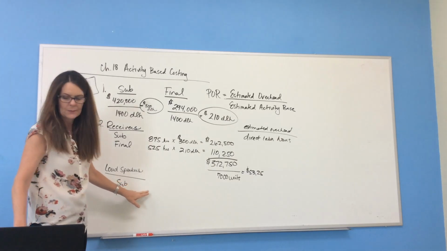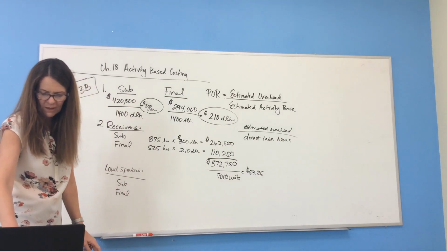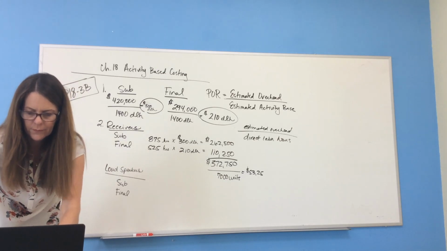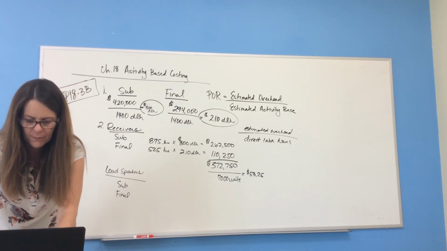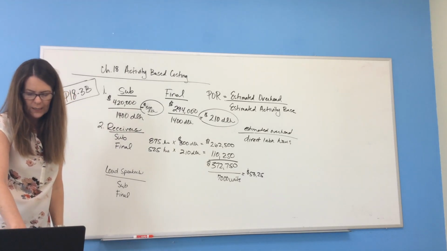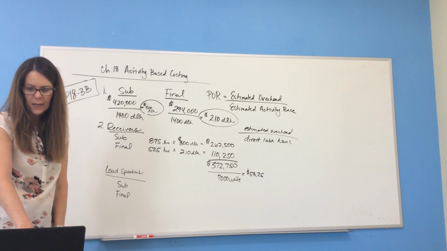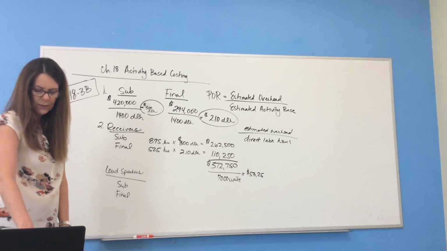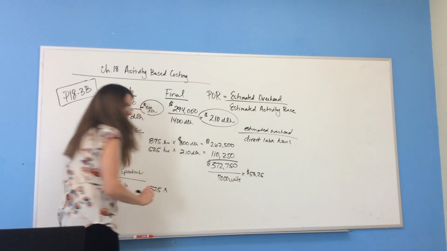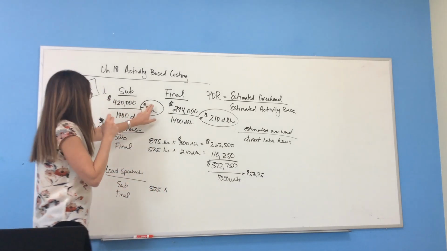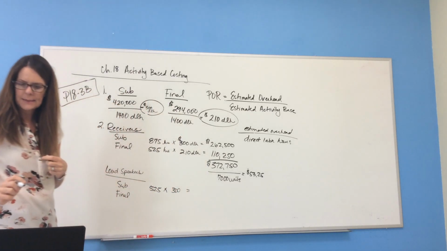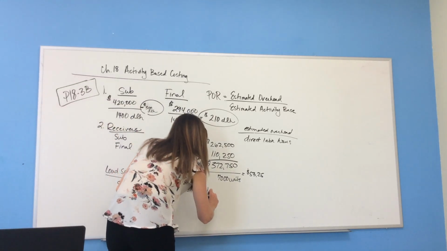So under loudspeaker final assembly, excuse me, I've got 525 hours here. I'm going to multiply that amount times the sub-assembly rate, which is 300. And I get, let's see, 157,500.